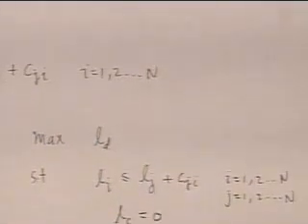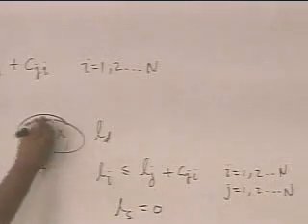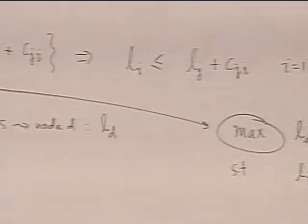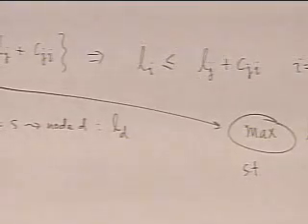So the important thing is that we were minimizing here, but there's a maximization sitting there. What we are trying to do is push the L sub D as far as we can, keeping these constraints in mind.